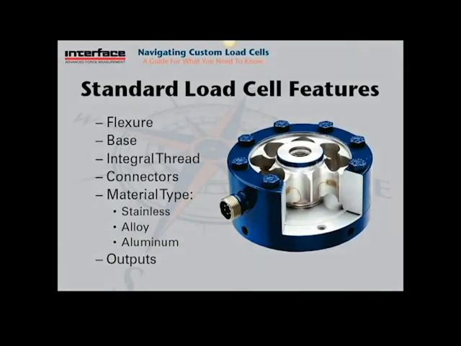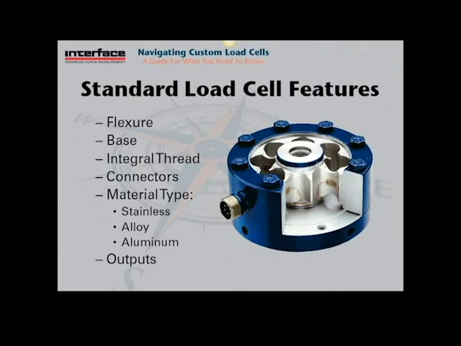I'd like to describe to you now the standard load cell features. What we have pictured is our model 1200 series, and the upper portion that's attached to the thread on the top, we call that a flexure.